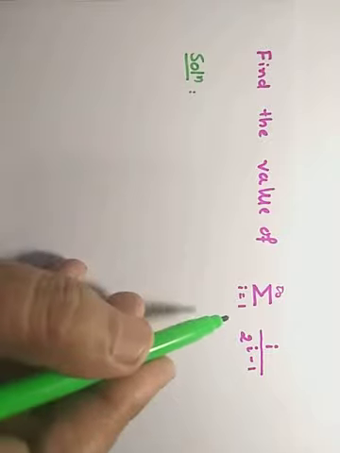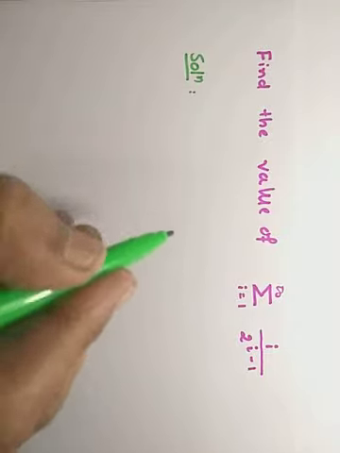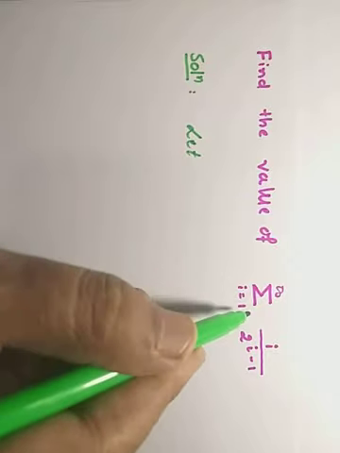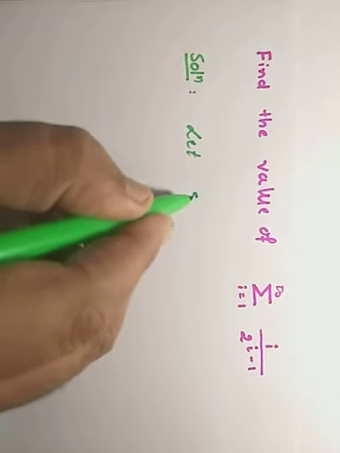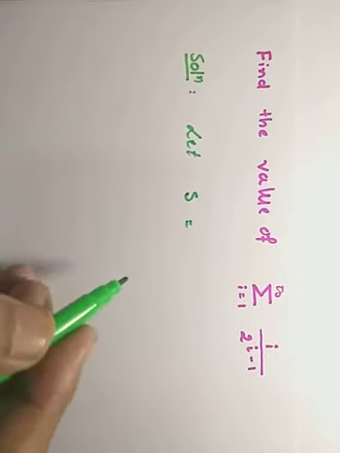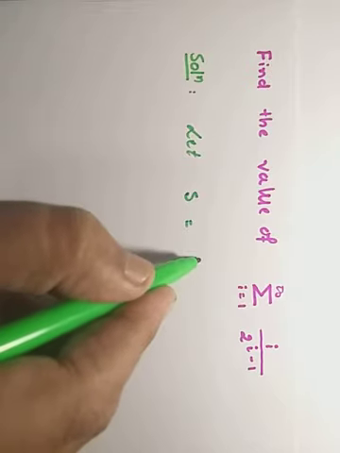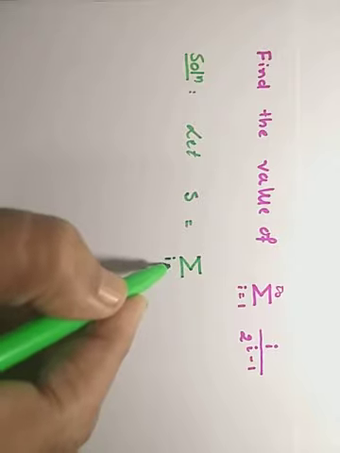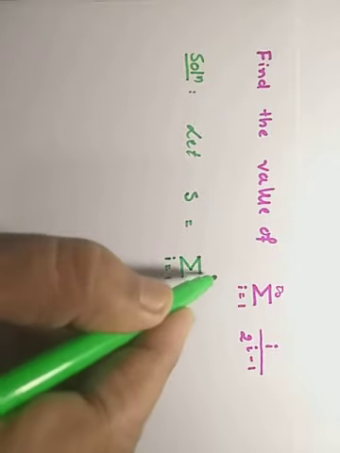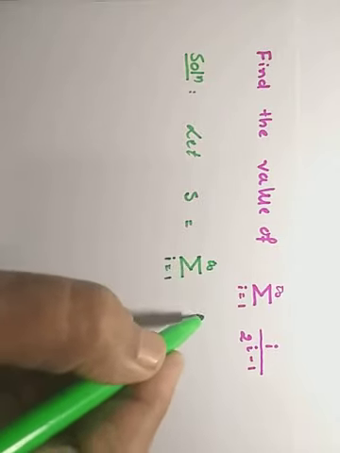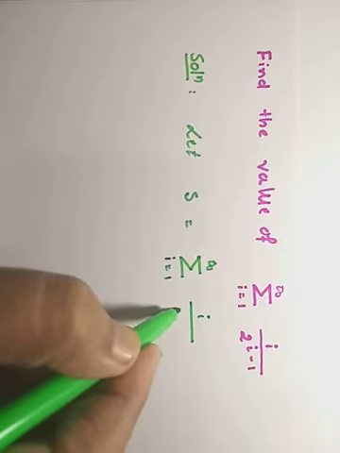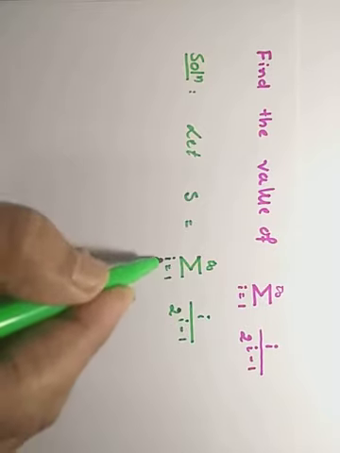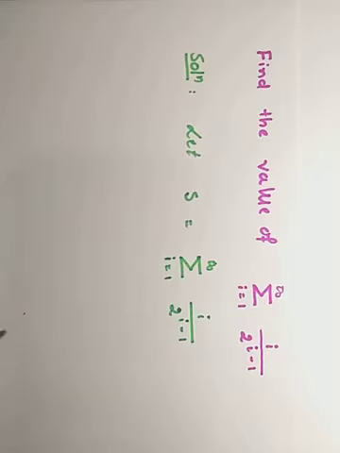Let's look into this problem. Since it is a summation, we will call it S. Let S be equal to the summation of i upon 2 to the power i minus 1, where i goes from 1 to infinity.